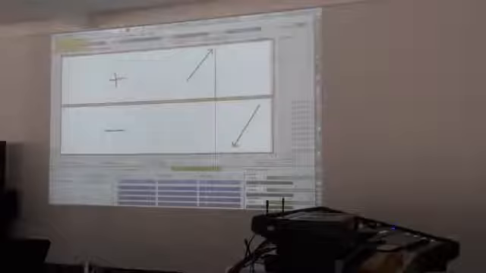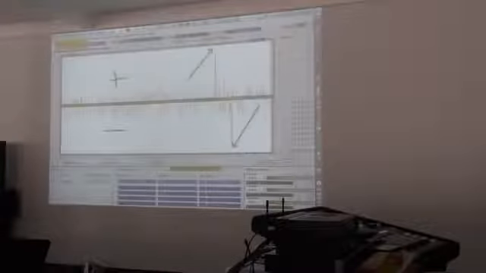Let's see. John is positive, Paul is negative, 1 millisecond later. Okay? Let me take out this vertical line. So, John and Paul.